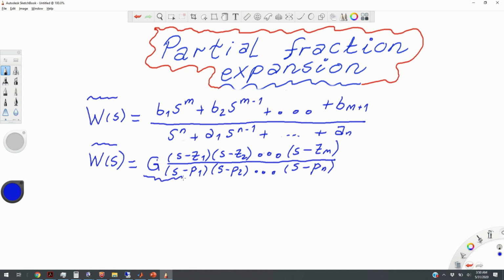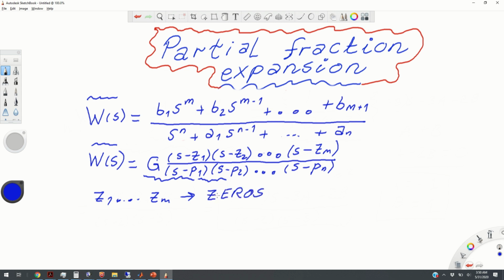Here g is a constant, and the polynomial in the numerator can be represented as a product of simpler terms, and the polynomial in the denominator can also be represented as a product of simple terms. Now, the constants z1 until zm are called zeros. They are called zeros.